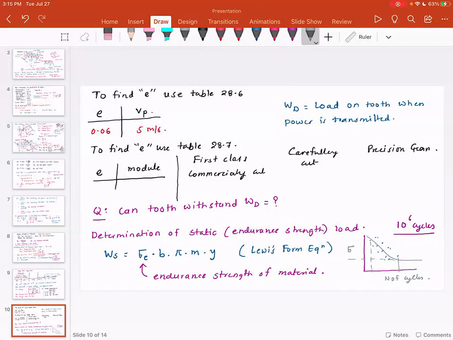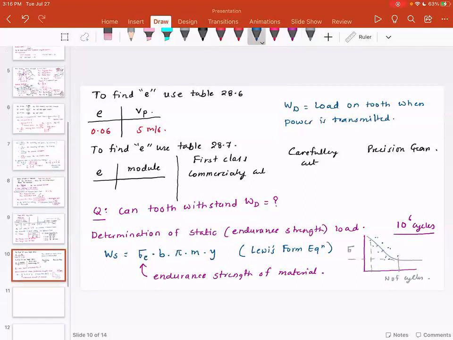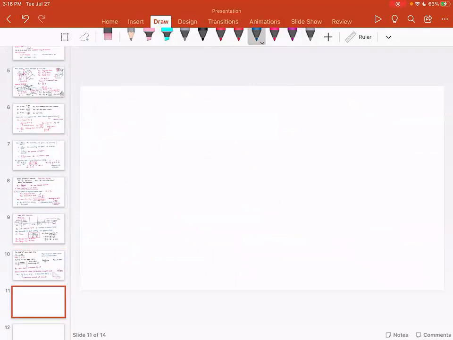This endurance strength of the material is a material property, and we grab that from the table. This is also called the flexural endurance strength, and there is a difference. Why is this called flexural?